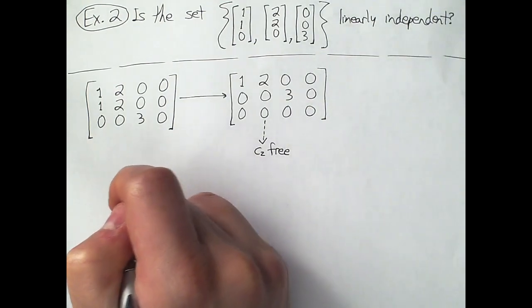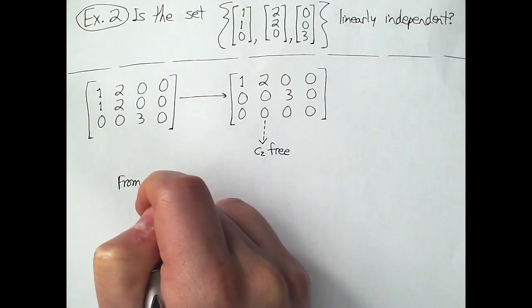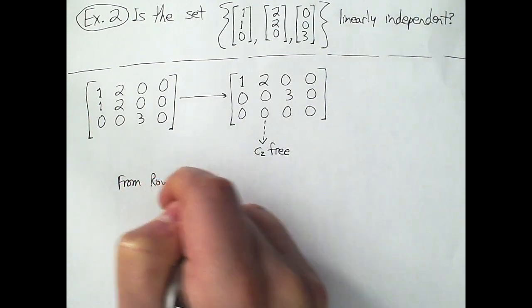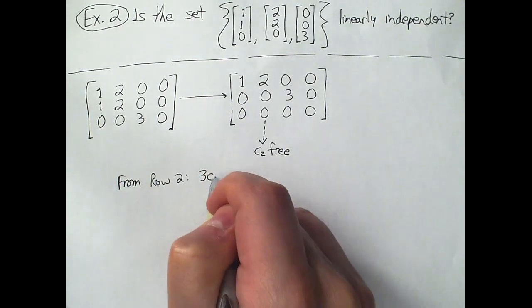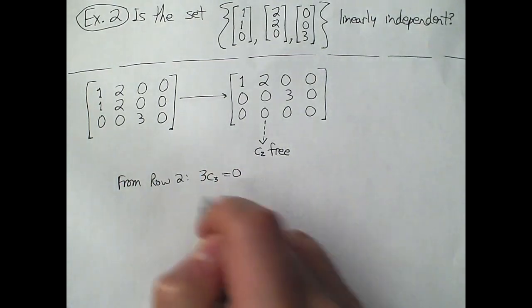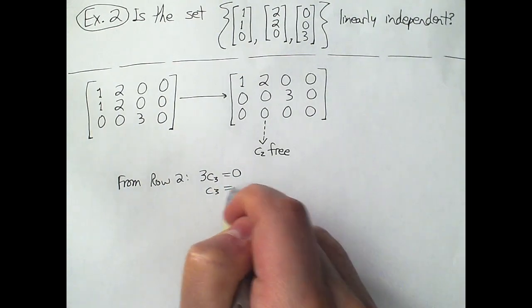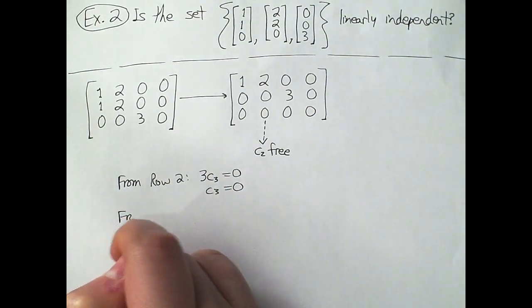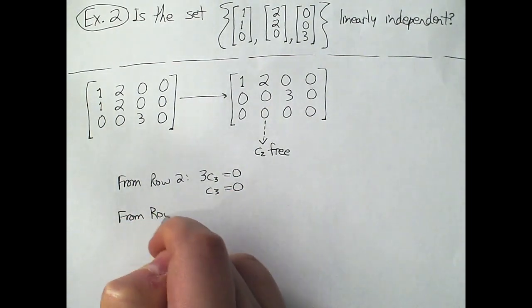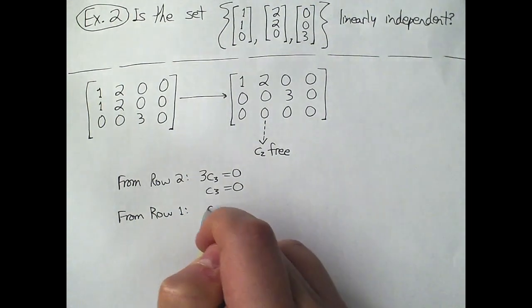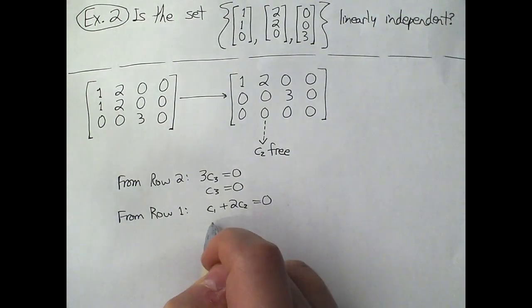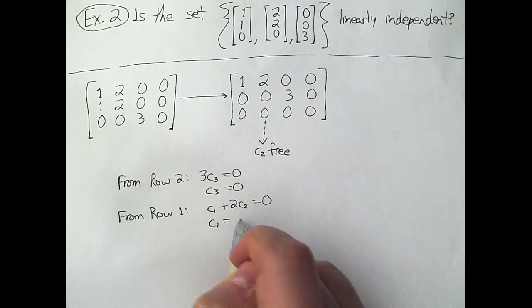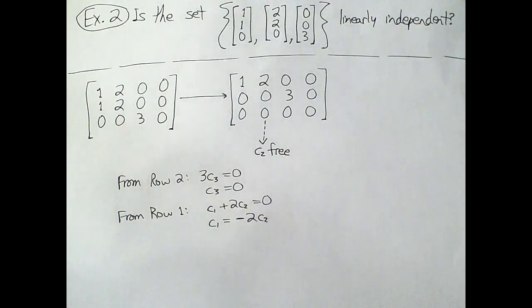So from row 2, we get 3C3 equals 0. So C3 equals 0. Now from row 1, we get C1 plus 2C2 equals 0. And C1 could be written as negative 2C2, where C2 is free.